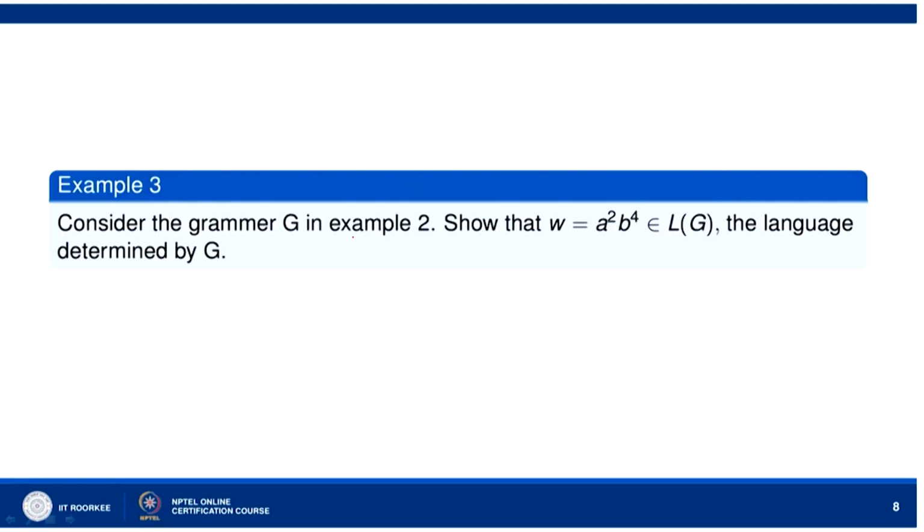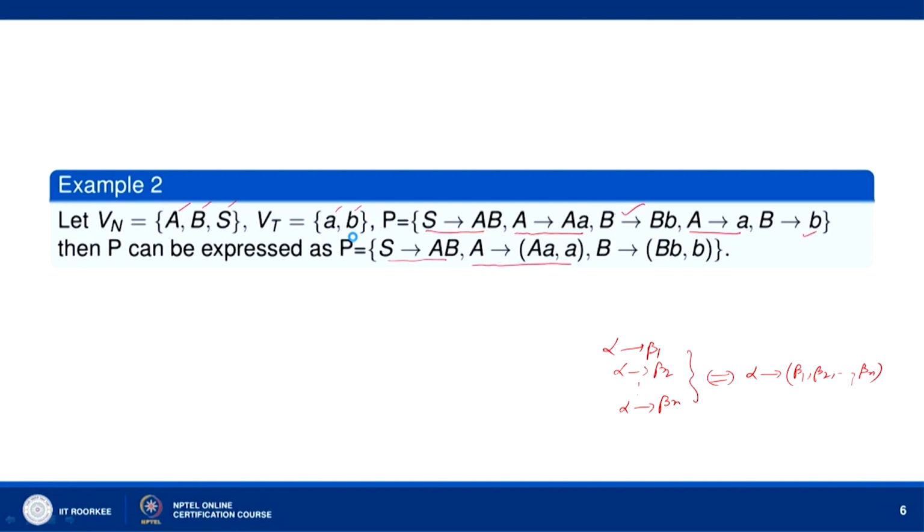Consider the grammar G in example 2. Show that W equal to a square b to the power 4 belongs to L(G), the language determined by G. Let us see what is the example 2. This is example 2.